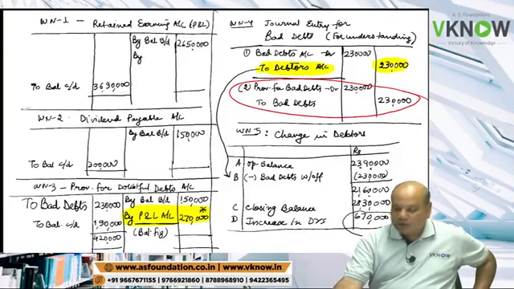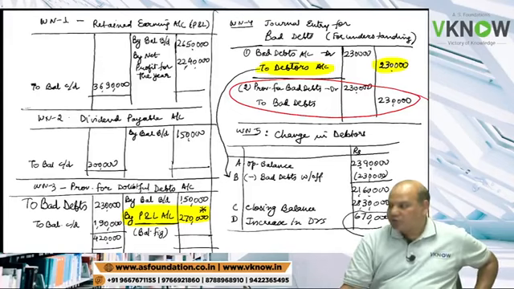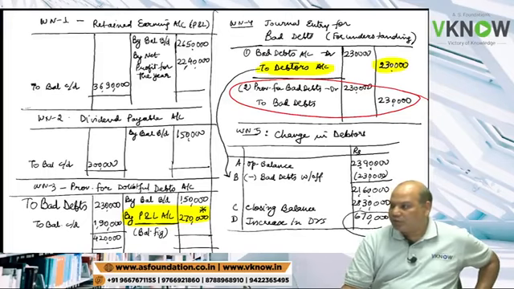Working note 1 credit side by net profit for the year. How much was that? 22 lakh 40,000. It is after depreciation. So no further effect required. So this is my first adjustment.